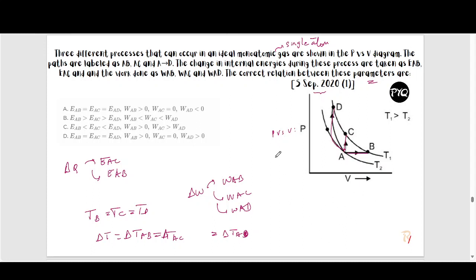Its translational kinetic energy, therefore average kinetic energy equals 3/2 kT. Therefore EAB equals EAC equals EAD.